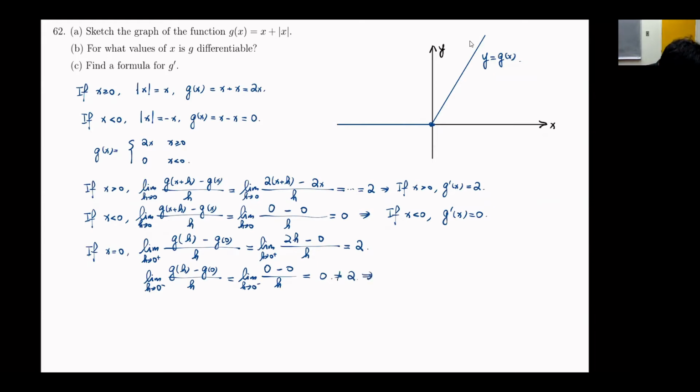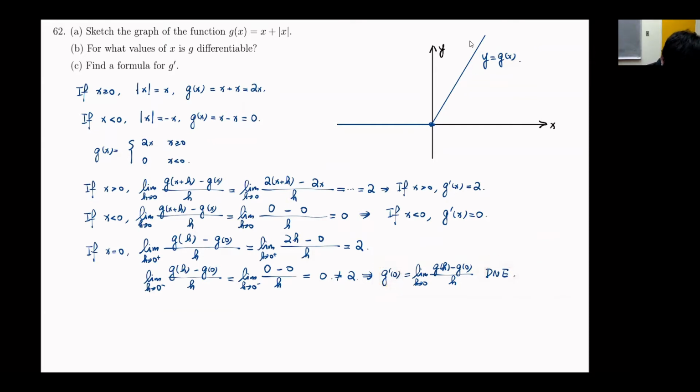So then we see that g prime of 0, namely the two-sided limit of g of 0 plus h minus g of 0 divided by h, does not exist. So in particular, this tells me that g is not differentiable at 0.